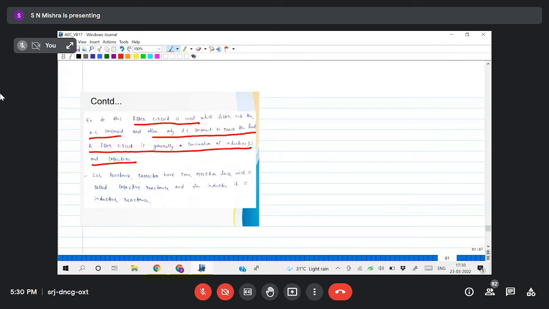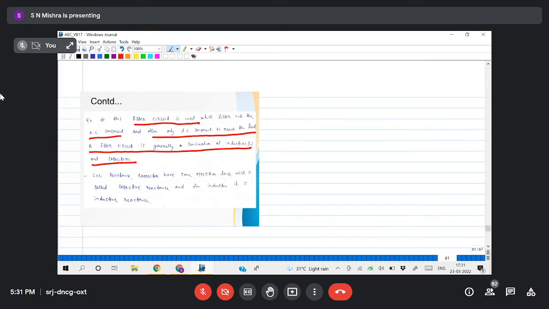Yes sir. What do you call them? Capacitive resistance. Capacitive resistance? No. Sir, any other name? Impedance. Impedance, you are saying. Okay, impedance.